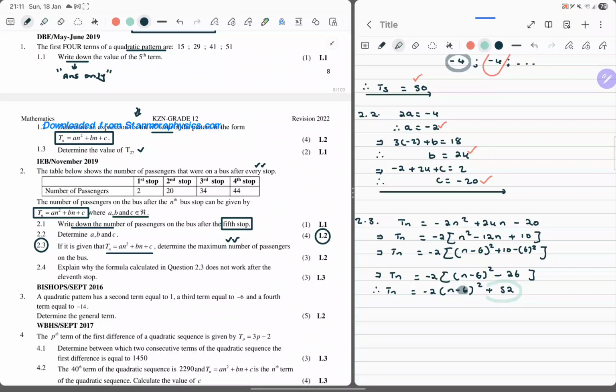This is our maximum. Right, so we can say from here, therefore, the maximum number of passengers is 52.